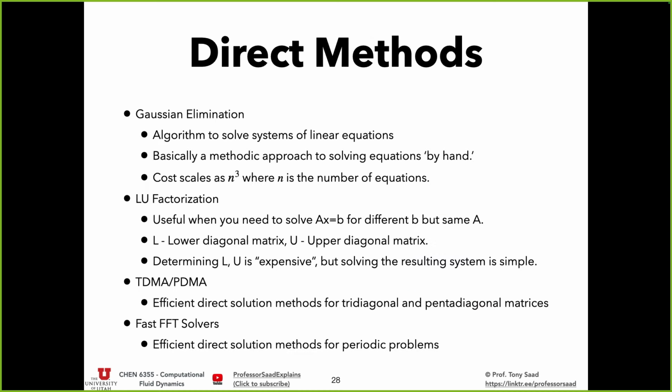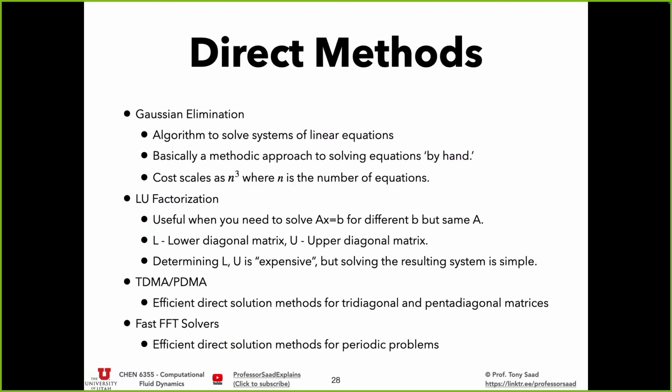Direct methods, this is a summary slide just for completeness, involve Gaussian elimination, which is a standard method that we learn in high school and early linear algebra. There are factorization methods, where you split the matrix into lower and upper matrices, but they are expensive.